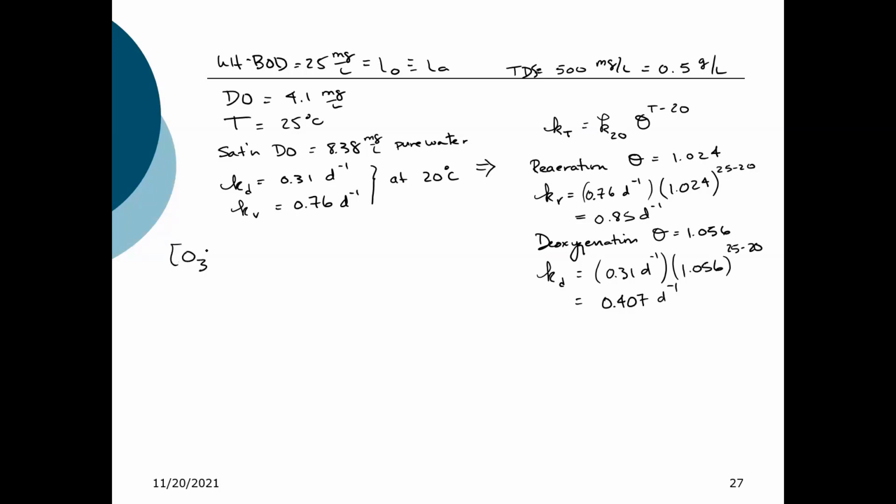We can calculate the DO sat using the equation that I previously gave you as 475 minus 2.65 times 0.5 grams per liter, divided by 33.5 plus 273 plus 25 minus 273, and that is equal to 8.097 milligrams per liter.